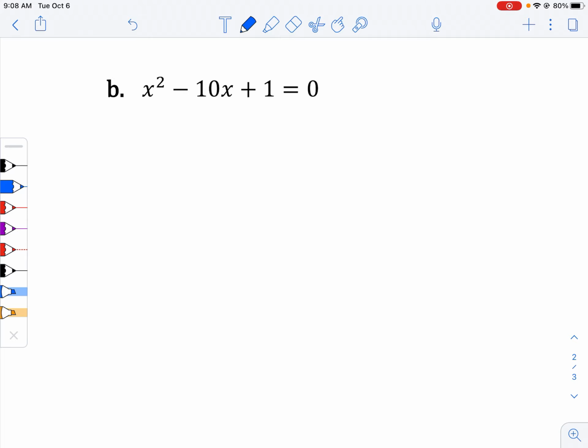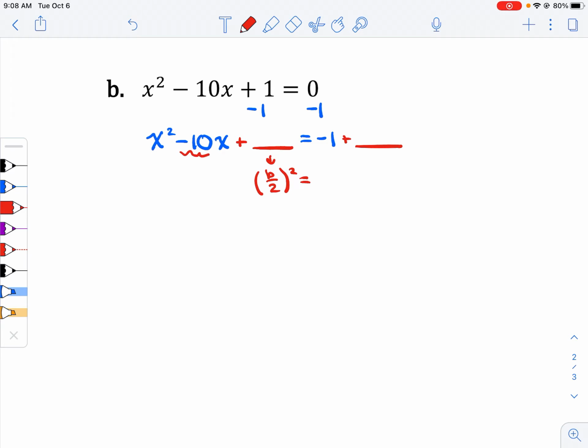So I have x squared minus 10x plus 1. So again, I'm going to subtract 1 from both sides. So then I'll have x squared minus 10x plus my blank equals negative 1 plus blank. This is going to be my b over 2 squared.